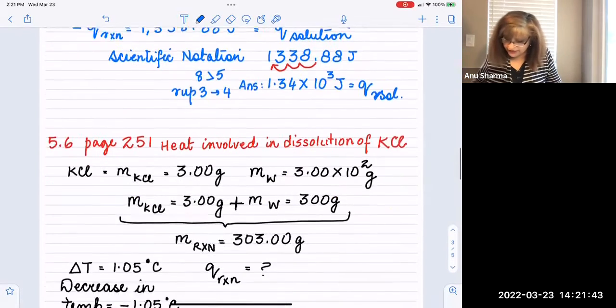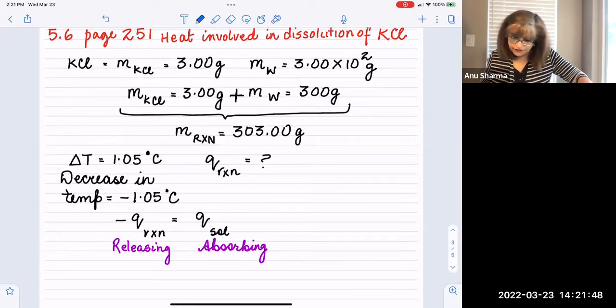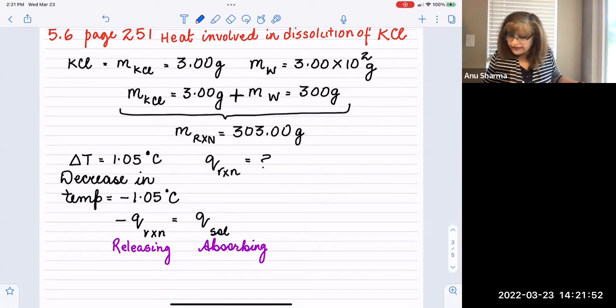Now let's look at the next problem, which is 5.6, page 251. Here we are looking at the heat involved in the dissolution of KCl. A sample of KCl is dissolved in water, and some amount of heat is involved.